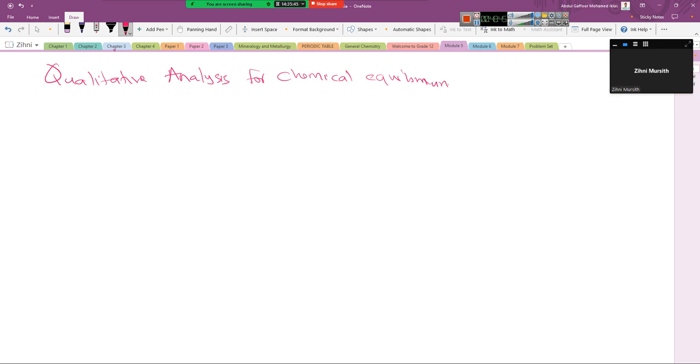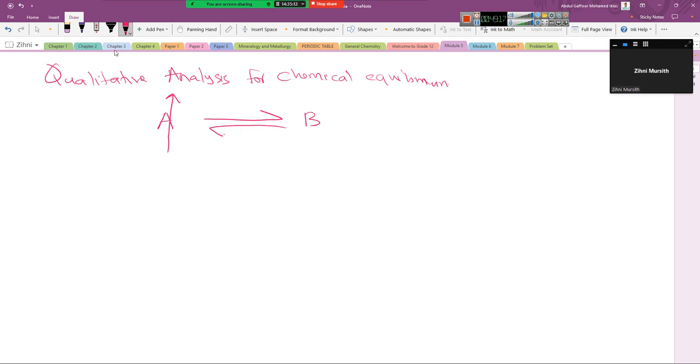Now you see, in a chemical reaction, let's say this is a chemical reaction. If you increase the concentration of A, the system will tend to reduce the concentration of A. So if you externally increase the concentration of A, the system automatically, or the equilibrium, will move in the direction in which A will be reduced.